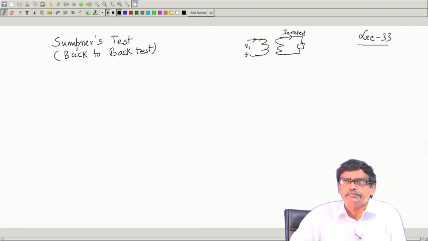What is the difference if the temperature rise is different? Because of the temperature difference, the resistances of the windings, which represent the losses, will change their values.